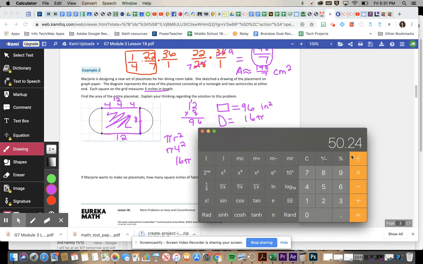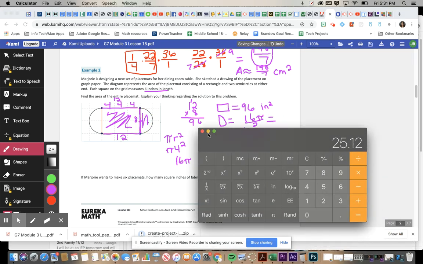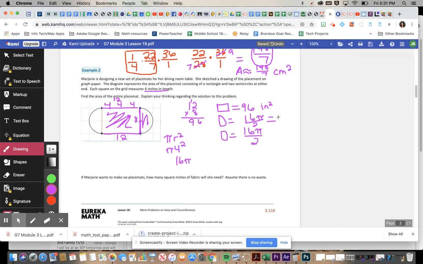So I would have to divide that by 2 to get me 25.12. I have to divide each of these by 2 to figure out the half circle. And I said, what was that, 25.12? Yes. So 25.12, which is 12 hundredths.